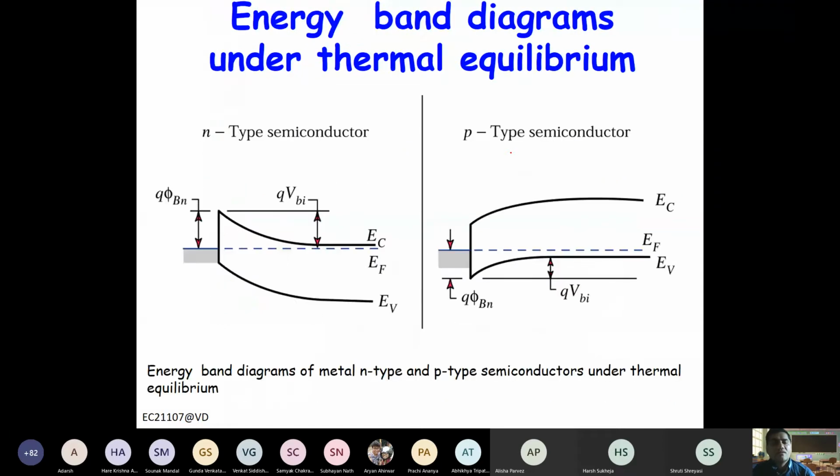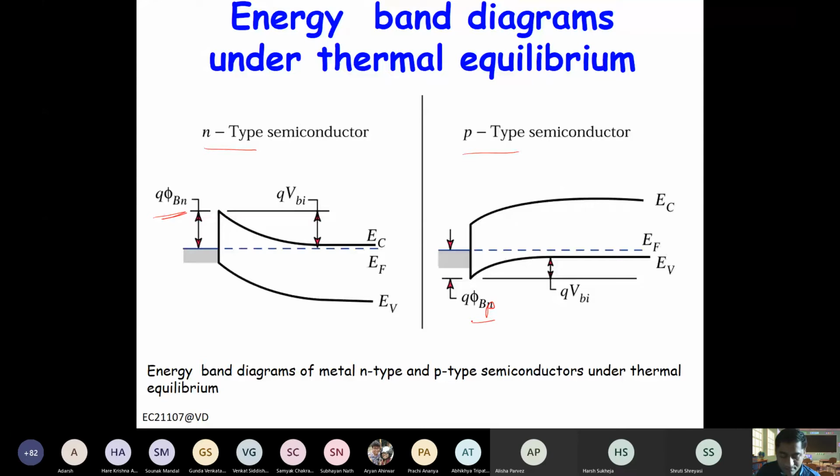Okay. Now these are the two diagrams, the energy band diagram for metal contact with n-type semiconductor and p-type semiconductor. The barrier height from metal for n-type semiconductor is called phi bn. Okay, this should be phi bp, please correct it.